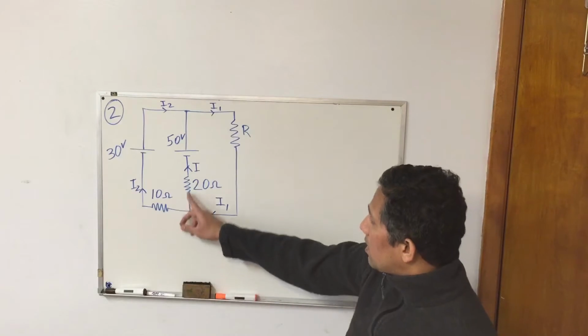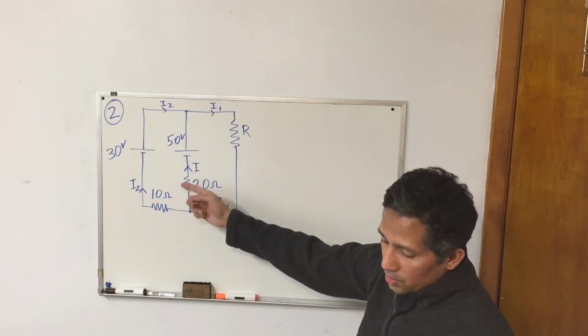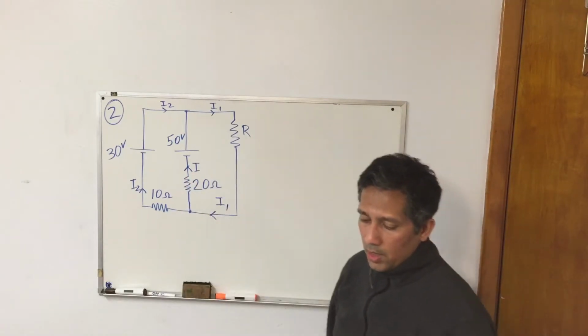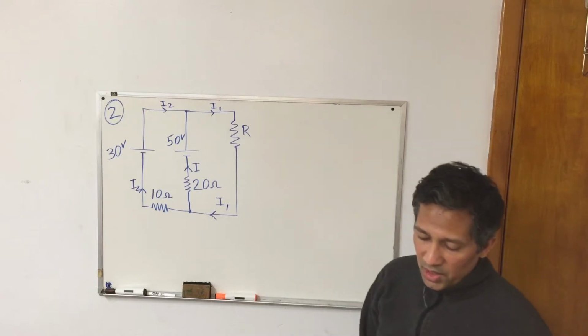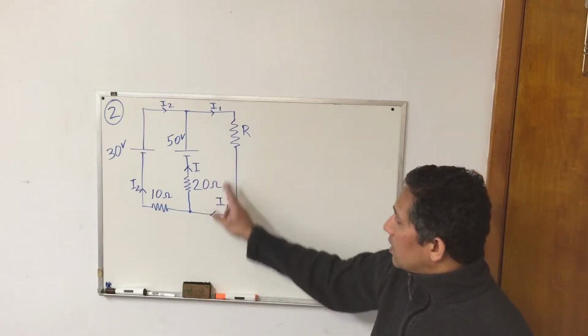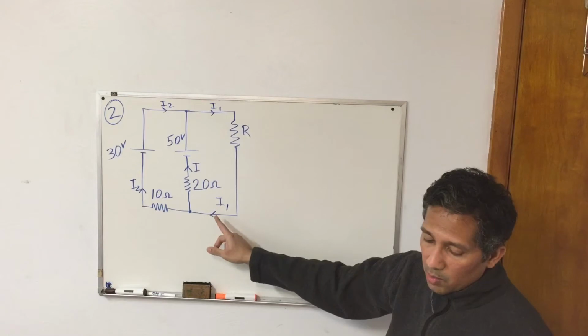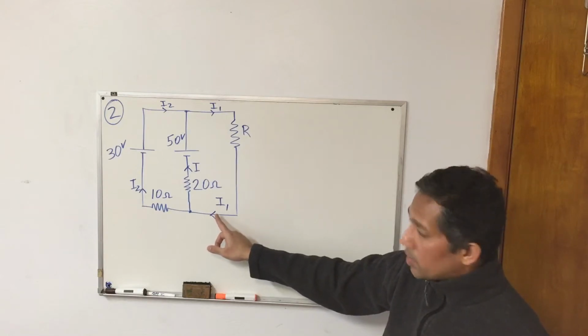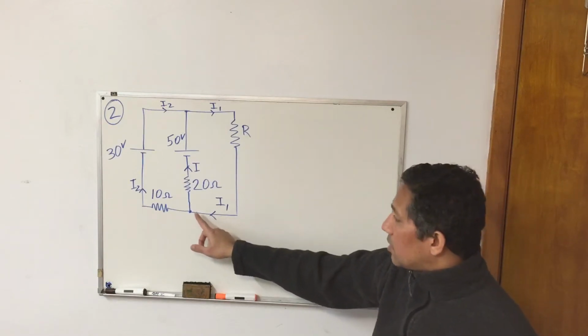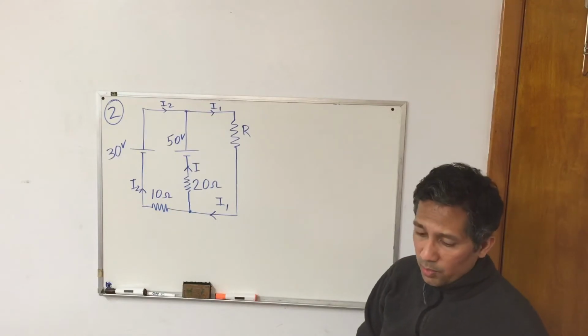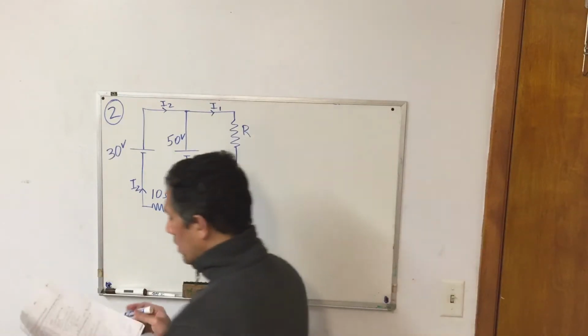We are given that the current through the 20 ohm resistor is I. I assume that the current traveling in this branch of the circuit is some I1. So you have this current I1 appearing at this junction. First, I proceeded by labeling the junctions.